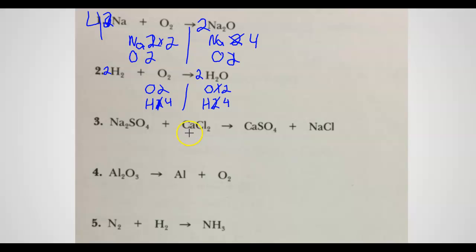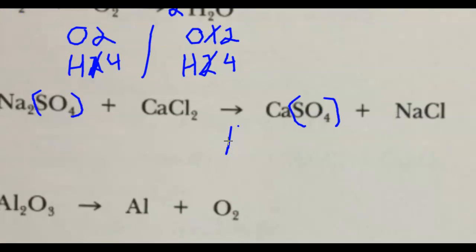Sodium sulfate plus calcium chloride gives you calcium sulfate plus sodium chloride. What's nice about this sulfate, you can treat this as one atom when you're balancing it, called a polyatomic ion. So I've got 2 chlorines here, 1 calcium.